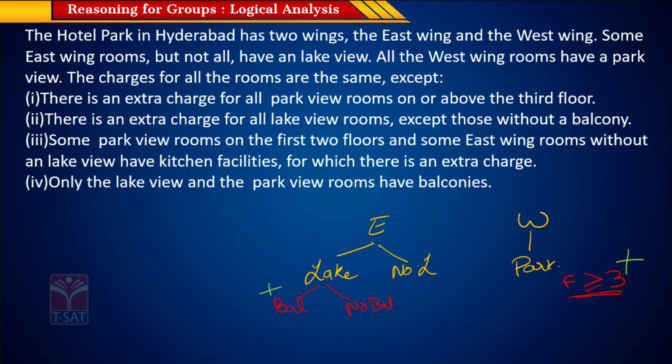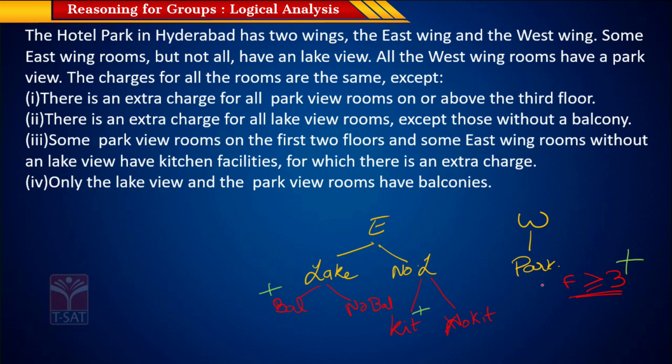there are some east wing rooms without any lake view, but they have kitchen facilities. Some of these have kitchen facilities, some of these do not. So those which have kitchen facilities are charged extra.